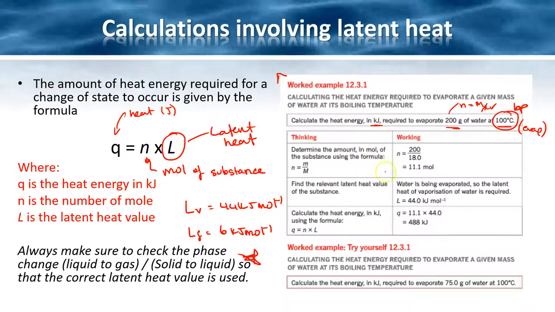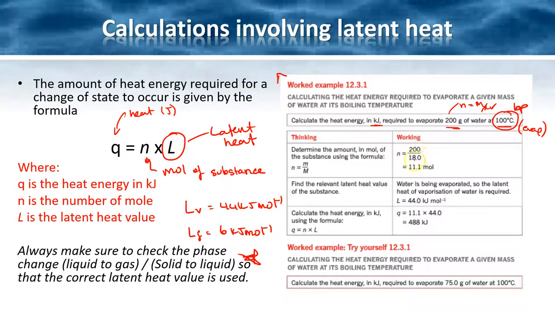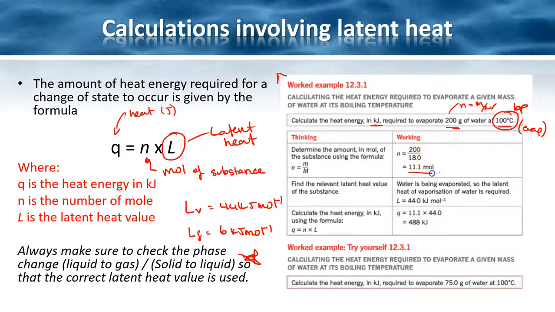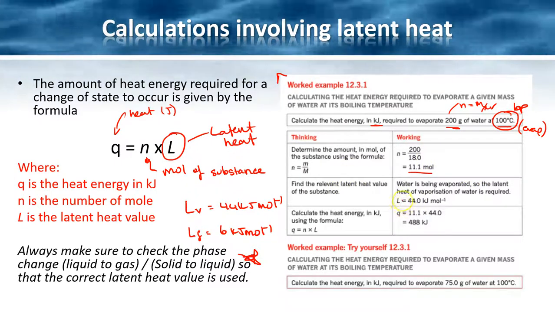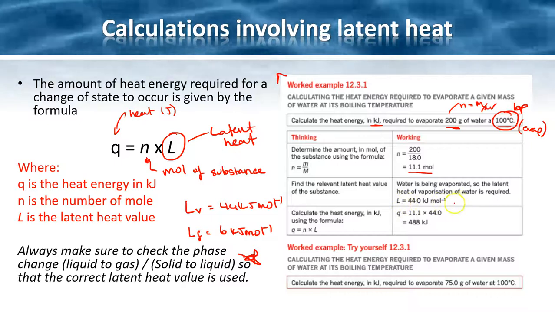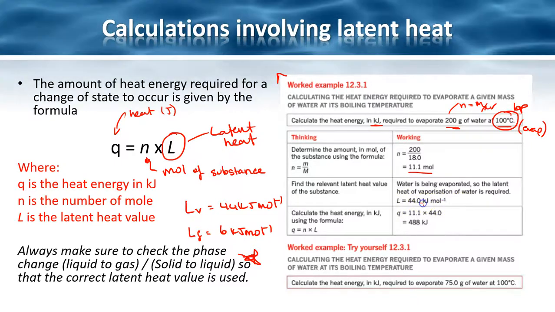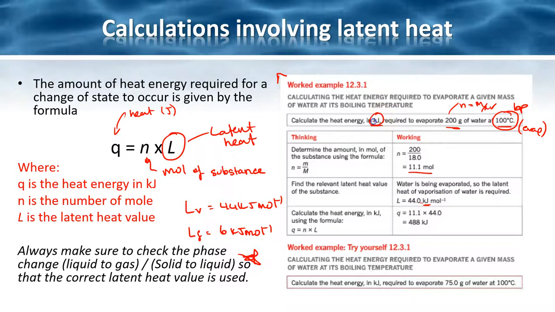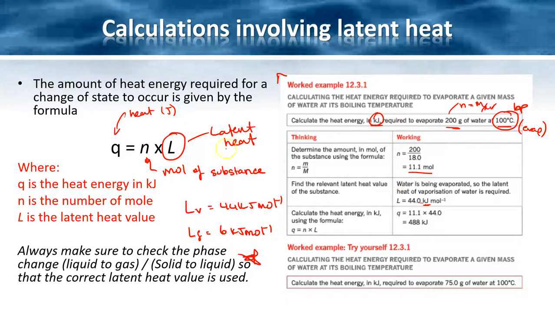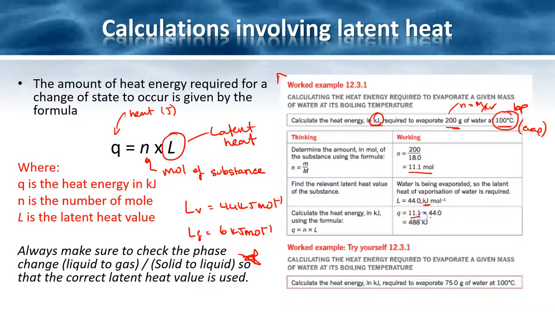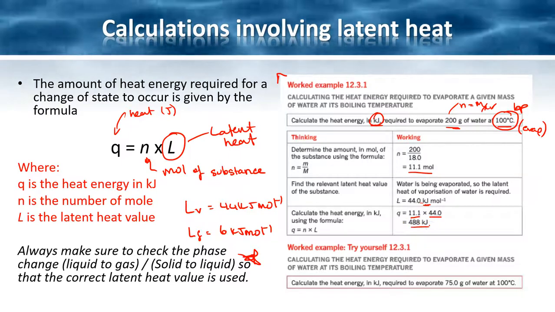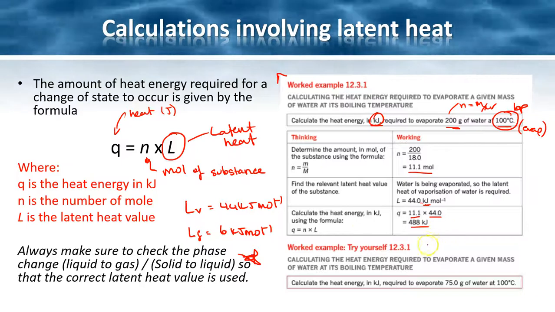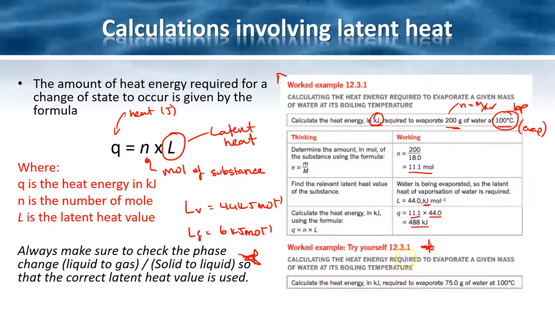So we work out the number of mole: 200 divided by 18, the molar mass of water, gives 11.1 mole. Then we use our latent heat of vaporization, which is 44 kilojoules per mole. This is already in kilojoules, so I know I'm in the right unit for my energy. So I simply take the number of mole and multiply by the latent heat of vaporization to get 488 kilojoules.